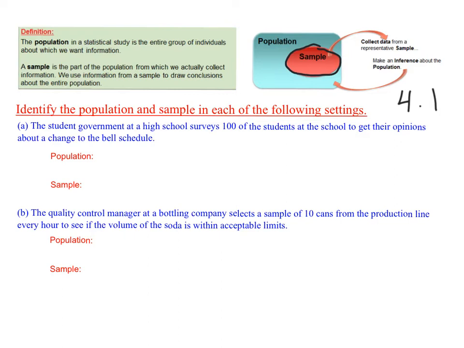A lot of times looking at the whole population or gathering data on the whole population is time-consuming, expensive, and in many situations just not even possible to do, let alone do it accurately. So we tend to operate off of samples. This whole lesson is about how we pick them.